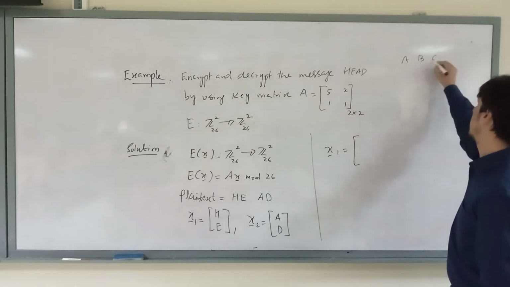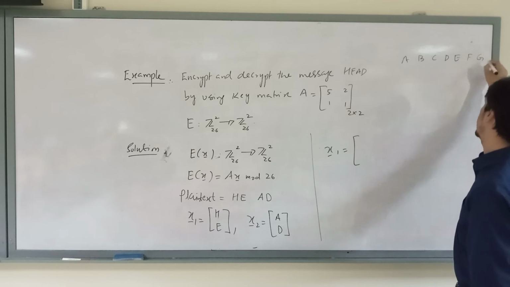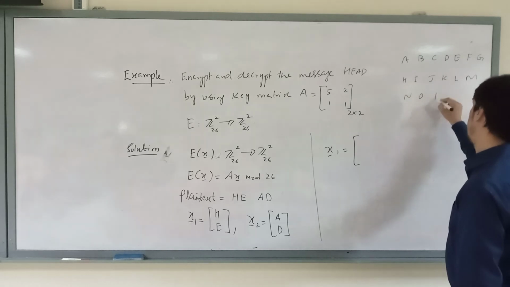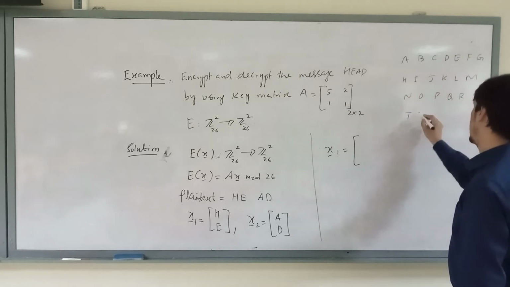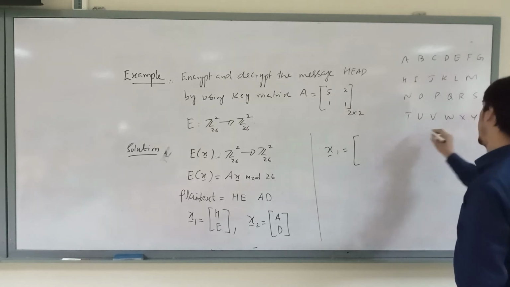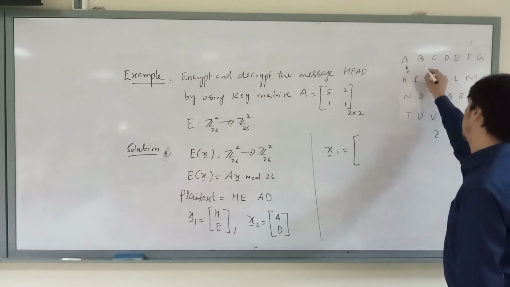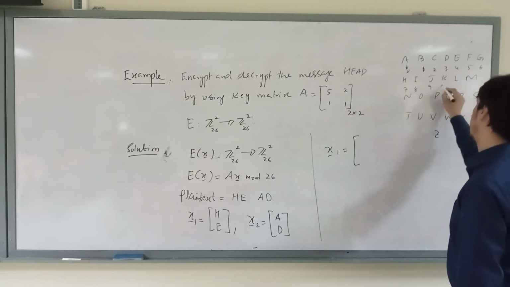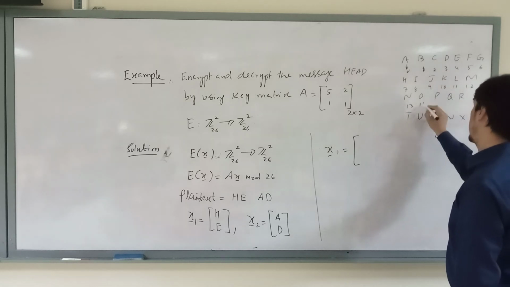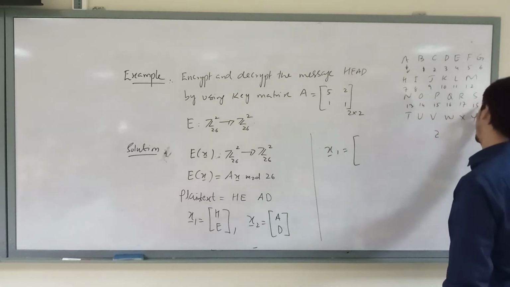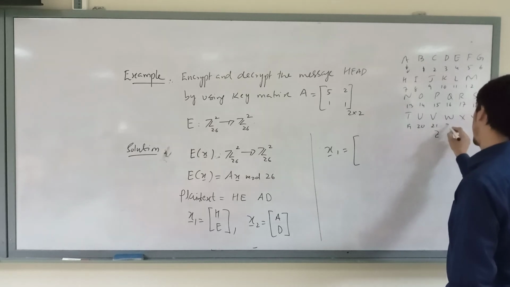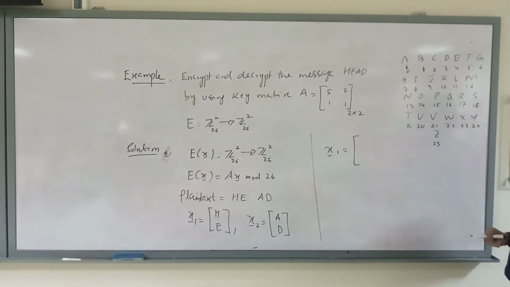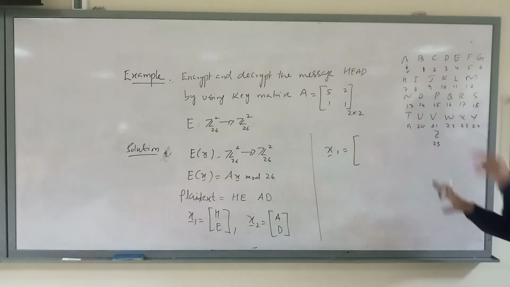A, B, C, D, E, F, G, H, I, J, K, L, M, N, O, P, Q, R, S, T, U, V, W, X, Y, and Z, so this is 0, 1, 2, 3, 4, 5, 6, 7, 8, 9, 10, 11, 12, 13, 14, 15, 16, 17, 18, 19, 20, 21, 22, 23, 24, and 25. I use this mapping table every time.